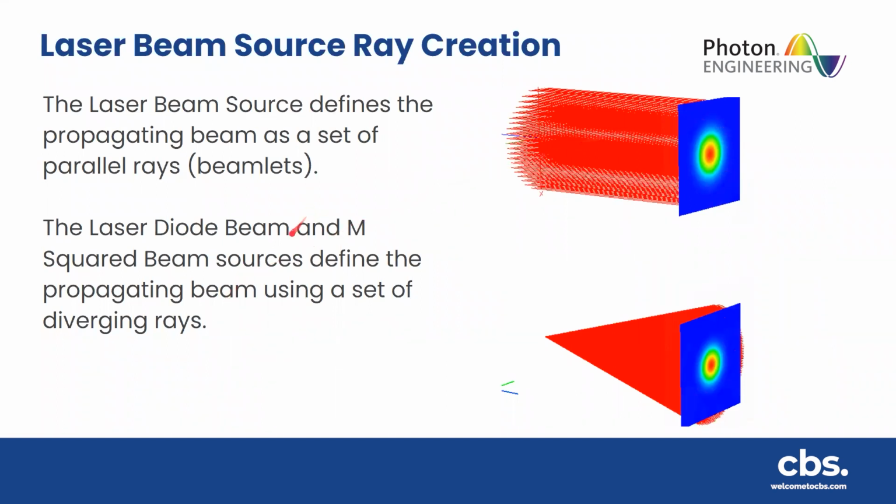The laser diode beam source and the M² laser diode beam source actually define the rays as a set of diverging Gaussian beamlets. So another thing to consider when setting up your source in your model: do you want to set parallel rays passing through your system, or a set of highly divergent rays intersecting with the first optics in your system?